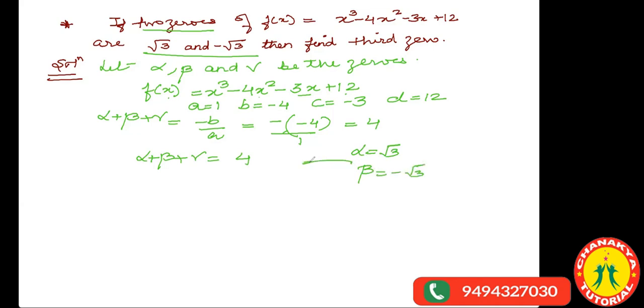So just put these two values in this equation. Now we have root 3 minus root 3 plus gamma is equal to 4. Now root 3 minus root 3 will be 0, so gamma is equal to 4. Then the value of gamma will be clear.